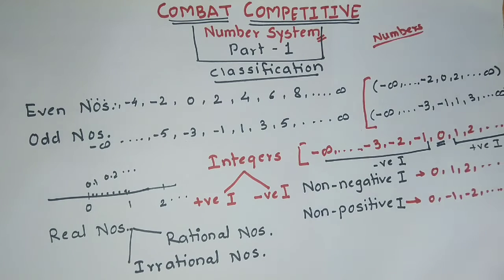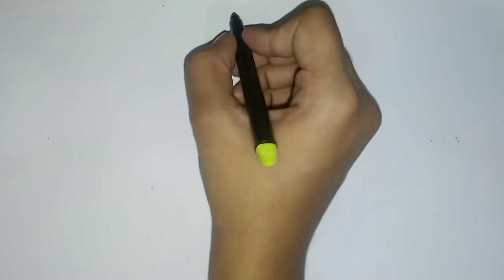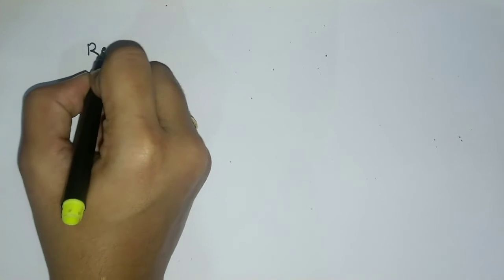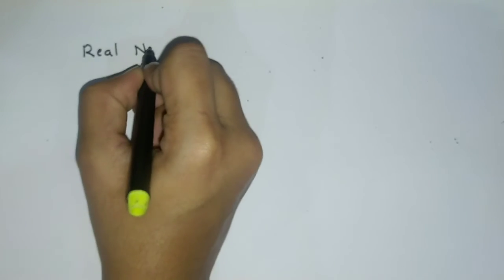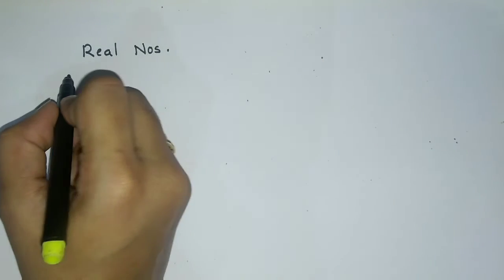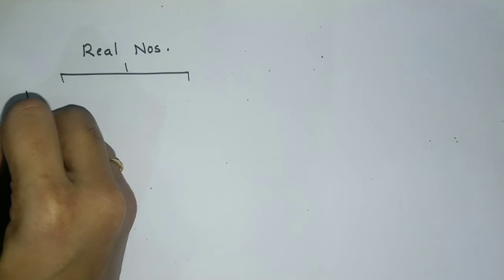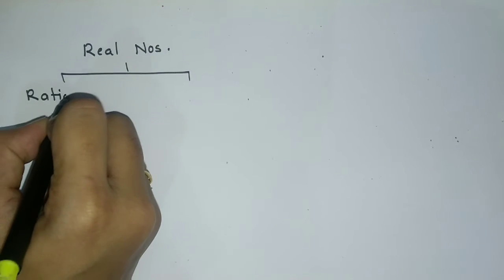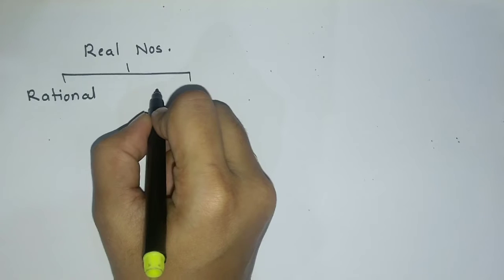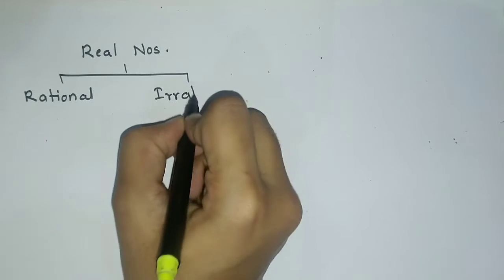Now, let's see rational and irrational numbers in detail. Real numbers: rational, irrational.